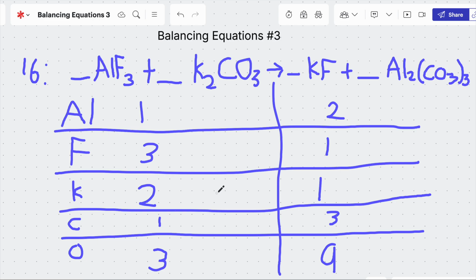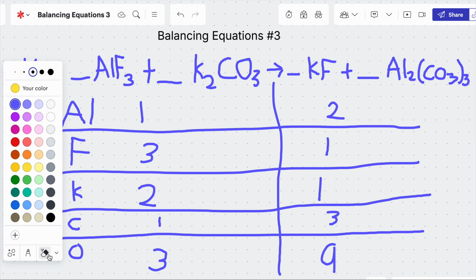I am going to start with C's on this side. Again, you can start with whatever you want. As long as you pick the side that's lowest and just slowly tweak it, you'll get the right answer. But I'm going to start with C's. So let's see. They're lower on this side. The only way to add C's is to add more of these things.